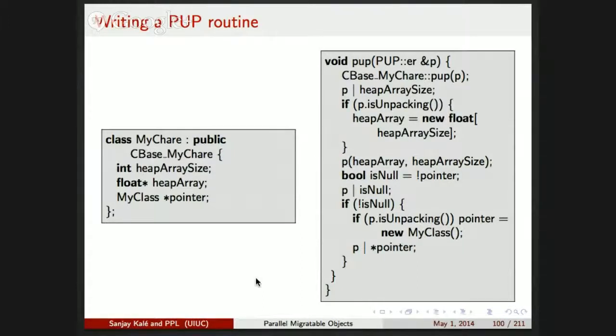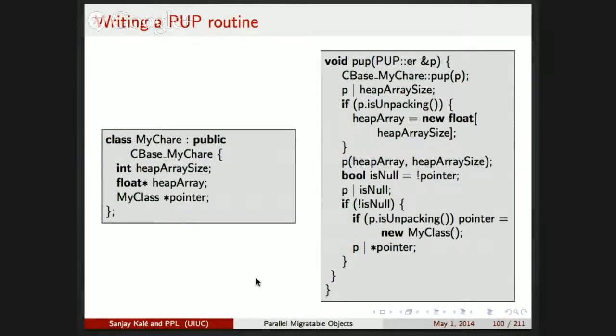Then, regardless of which direction we're going, we pack the contents of that array, so the pointer to it and its size. And for this other thing, which we're going to have either one instance of or none, we look at whether it's a null pointer, pack up that Boolean flag, and if it's not null and we're in the unpacking case, meaning we have to allocate it, then we allocate the new instance on the receiving side, and then pack or unpack the content.